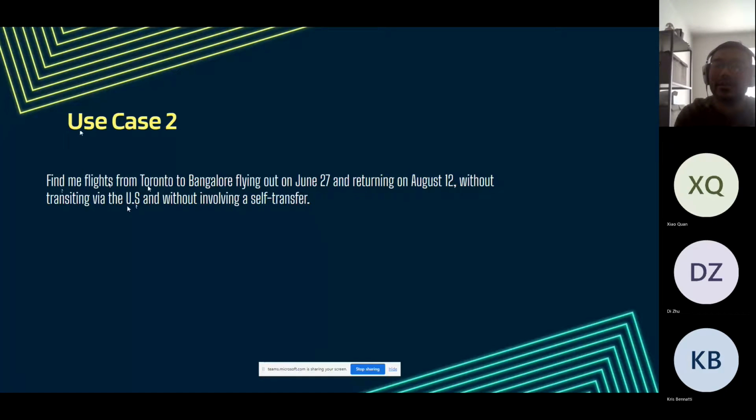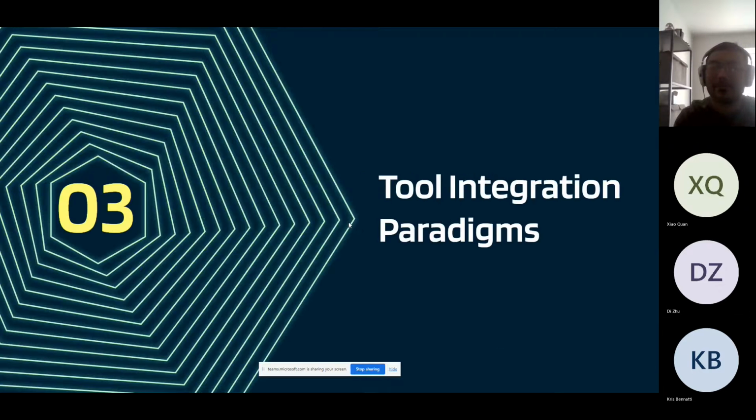The idea here is that the language model would call either an API or make a web query, and then after getting the results, it would filter out listings that involve transiting via the US, and it would see if any involve a self-transfer. So let us now see how something like this can be made possible.